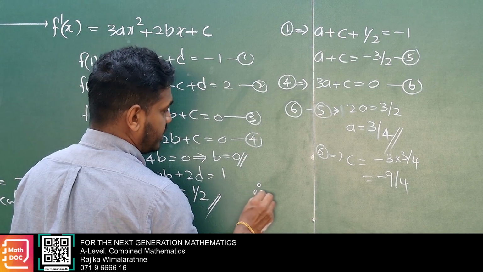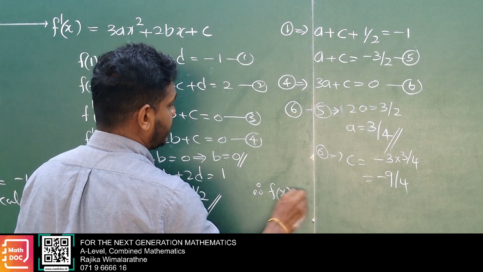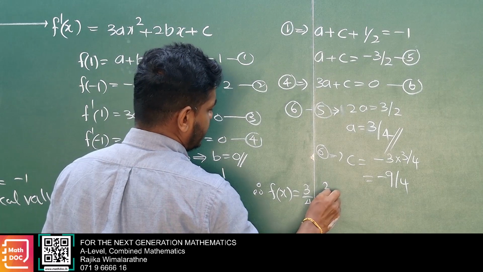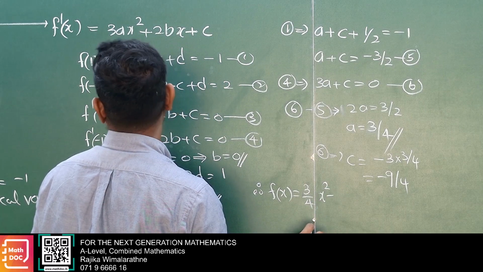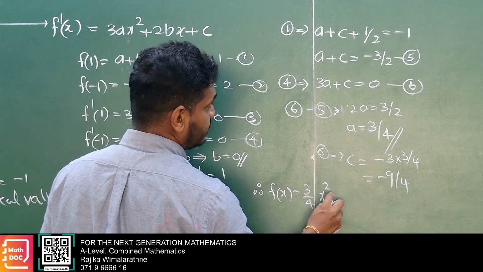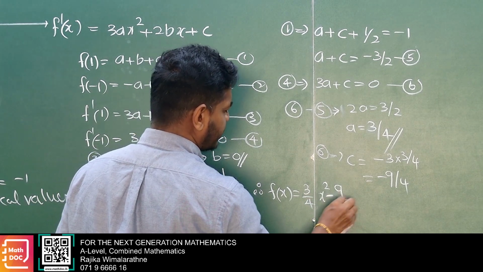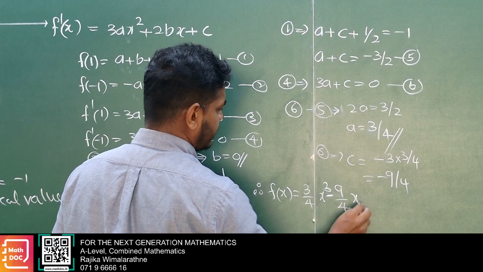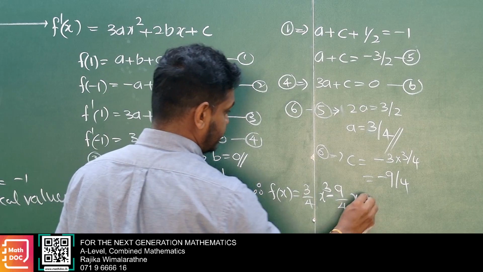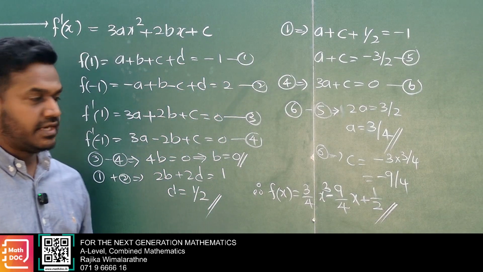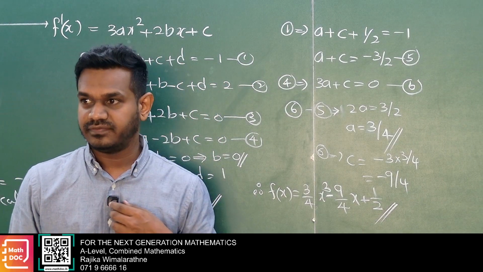Therefore, the function f(x): a value 3/4, b value 0, c value minus 9/4, and d value plus half. Here is the function. Then you can sketch it.